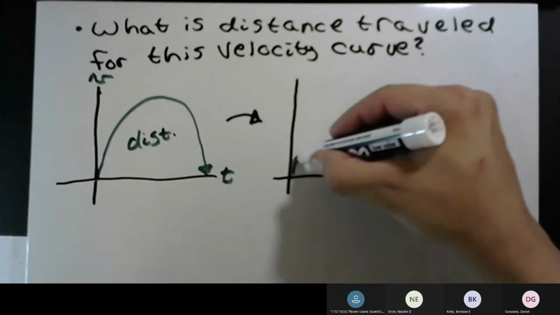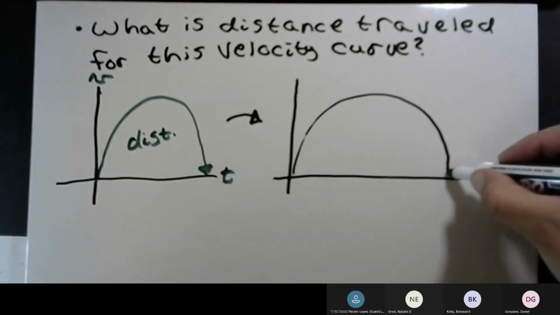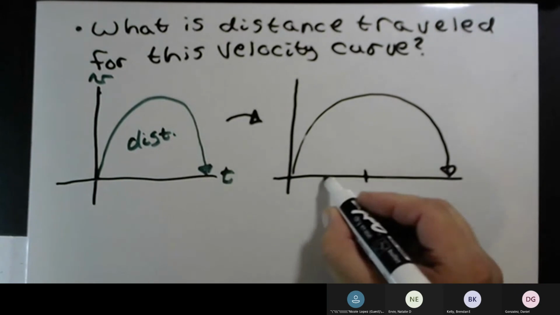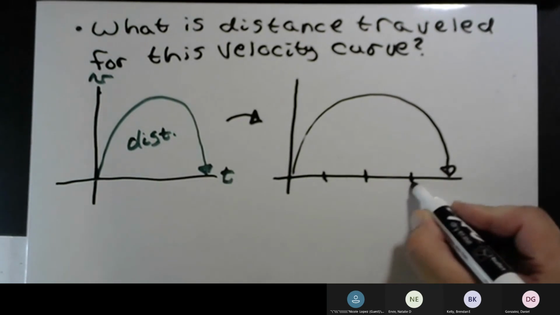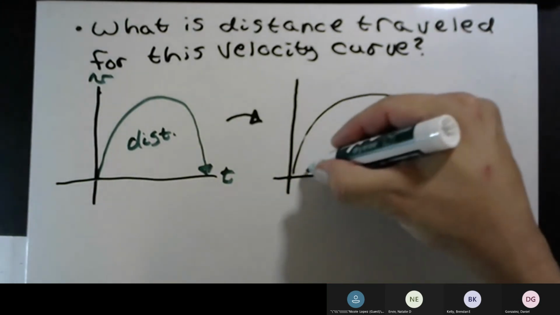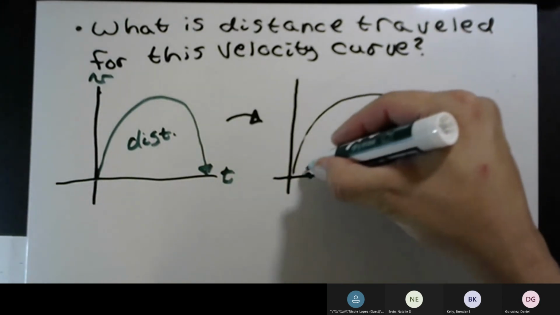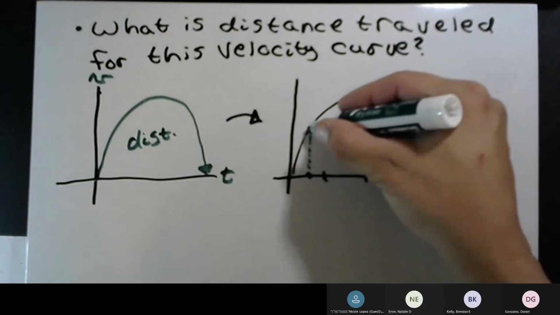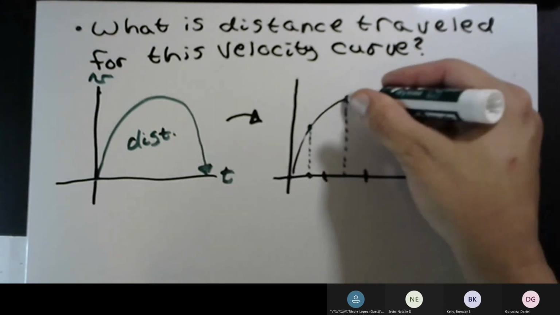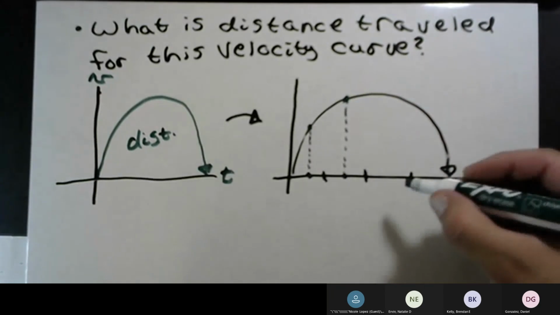What we can do, we can take this velocity curve. So we're going to divide this into 4 sub-intervals. Use a midpoint approximation. The midpoint of each of these rectangles.